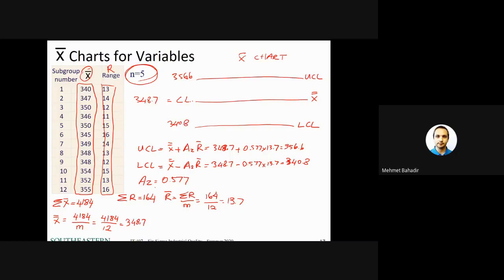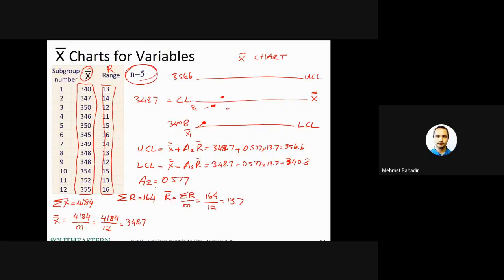The last step is to place all the X bar values on our chart. So 340, it's the first one. Should be somewhere here. This is X bar 1. Then 347 should be somewhere here. This is X bar 2. The third one is 350, a little over the center line.